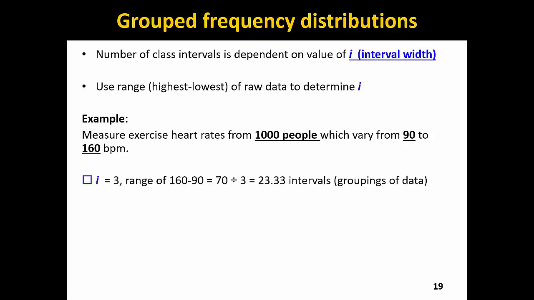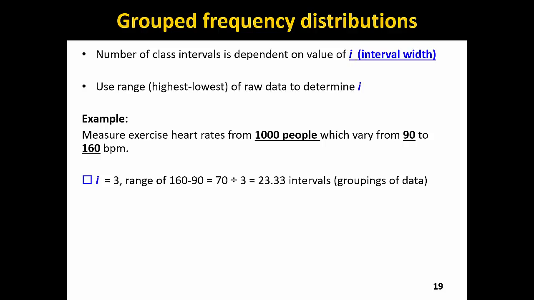Our first step in trying to understand how many people had heart rates within that range and how that distributed is to determine how wide that interval should be. And recall that the interval width should be an odd value. So we start with a width of 3, which is just a convenient number to start with.